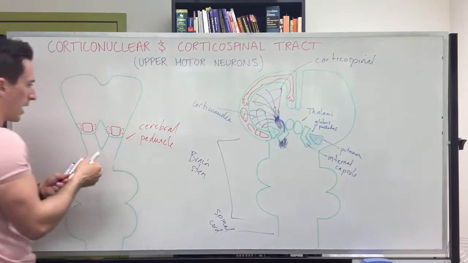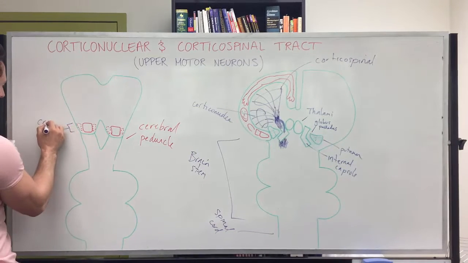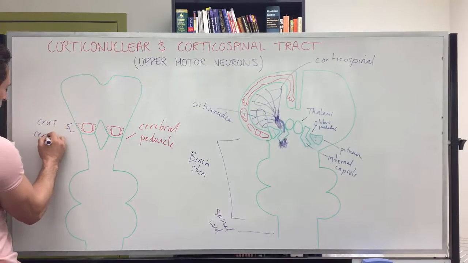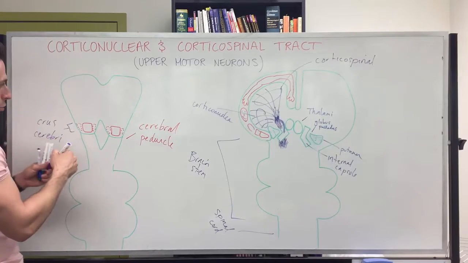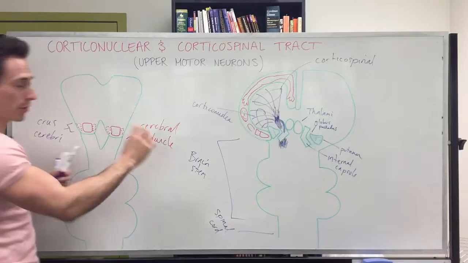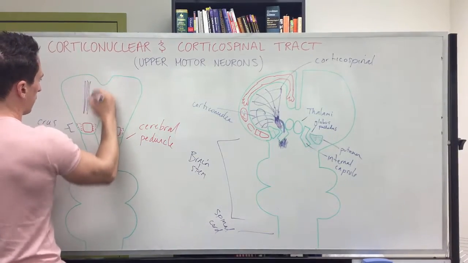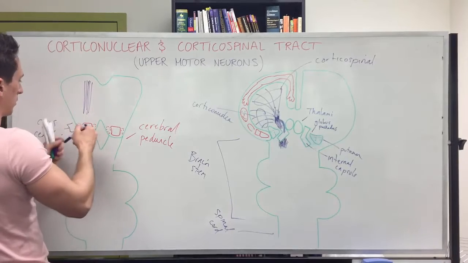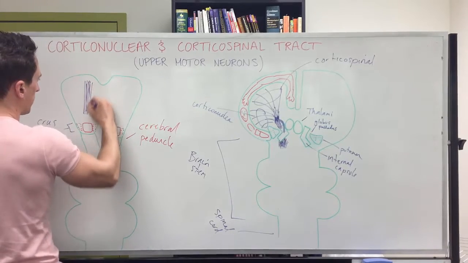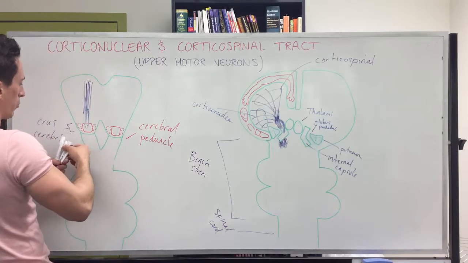And this specifically is known as the crus cerebri. So the cerebral peduncle are these little limbs. The crus cerebri is this particular area that we're referring to. And as we've got these fibers coming down, they enter into this middle third of the crus cerebri.